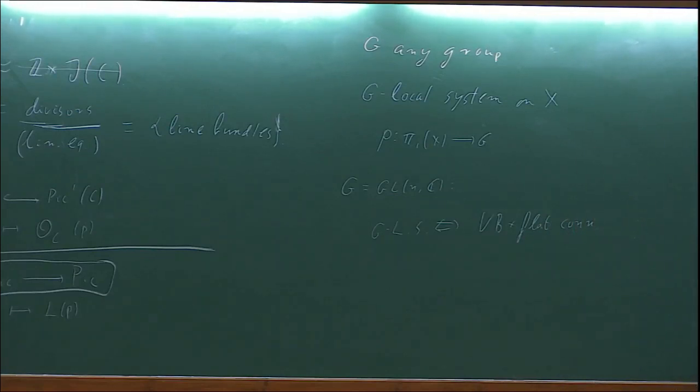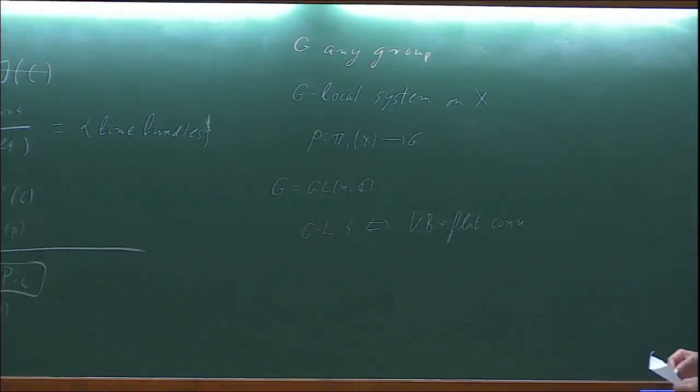In the case that X is a curve, you don't have to worry about flatness because there are no two forms. Every connection is flat. In higher dimension, that becomes important.